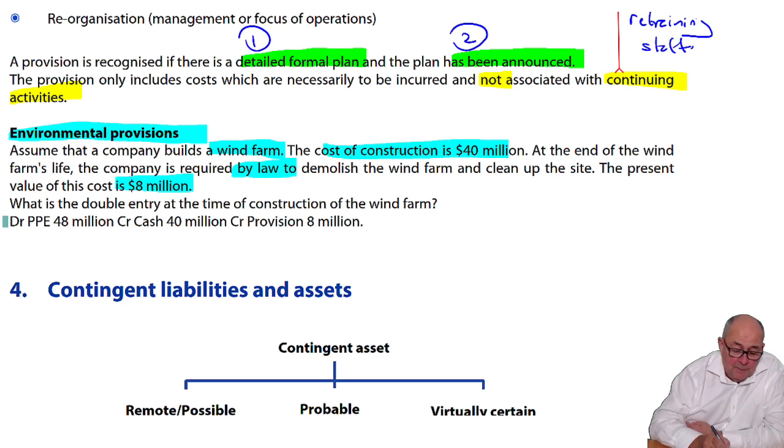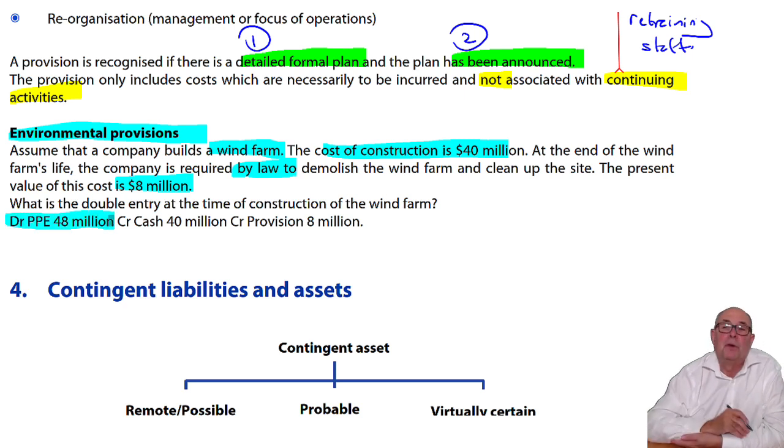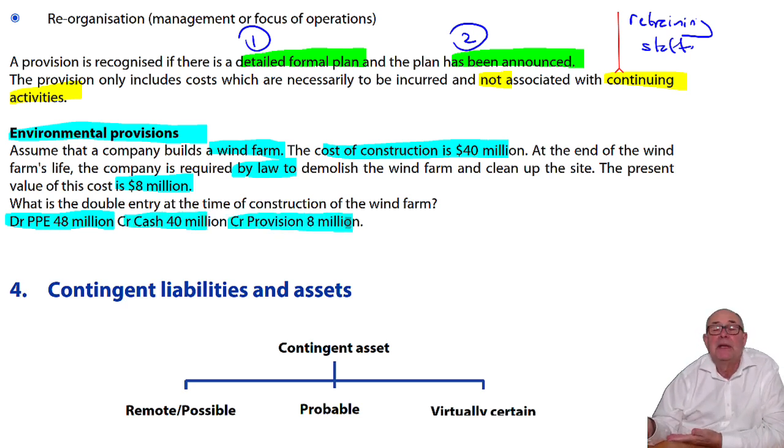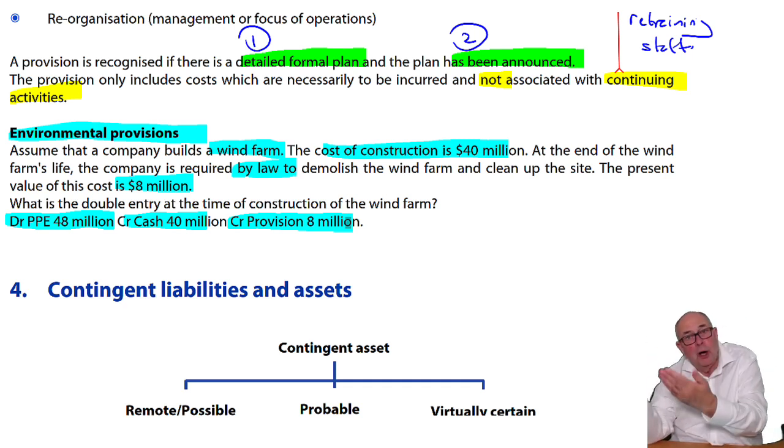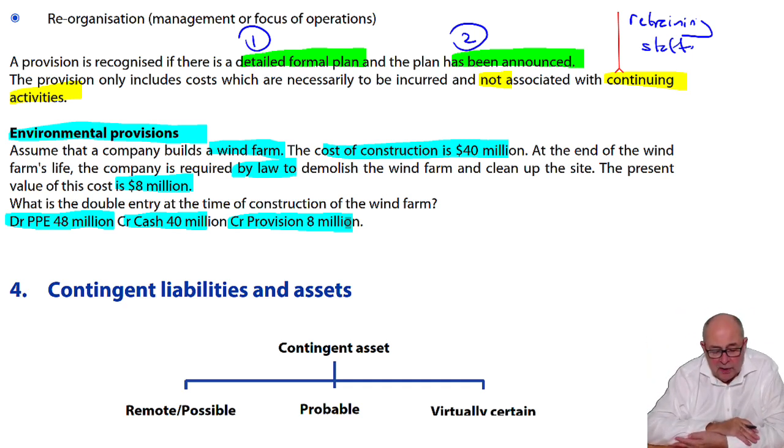Notice what we do. We capitalise the 48. 40 is what I spend today. The other 8 is a liability, and that's a discounted amount. Then over the next N years, that provision will grow at whatever the discount rate was. The PPE will be depreciated.